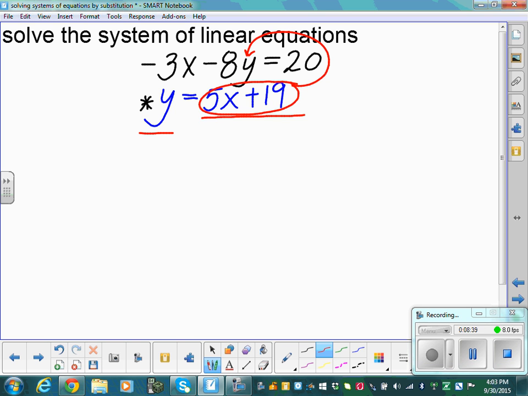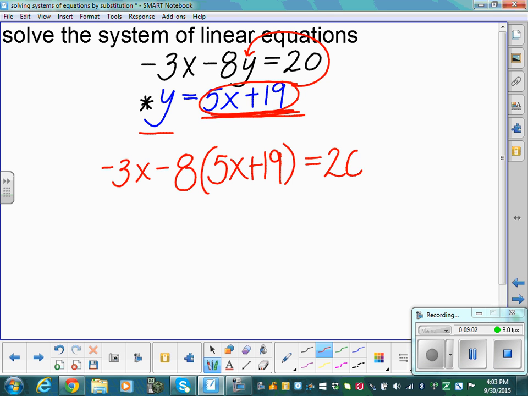So that's going to give me, on top, I'm going to have negative 3x's still. Then I have minus 8 times y. But remember, instead of y, we're substituting in this value. So I'm going to make sure I always use parentheses when substituting. 5x plus 19. And that's equal to 20. I just substituted that in.